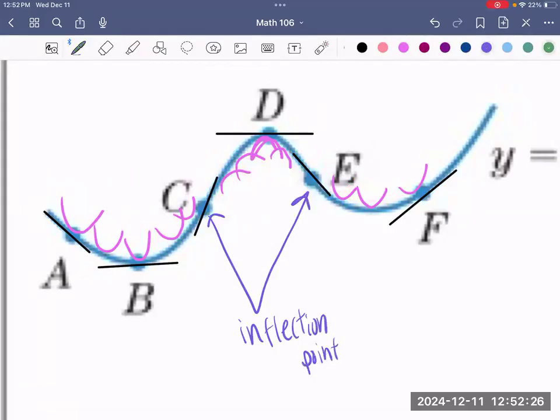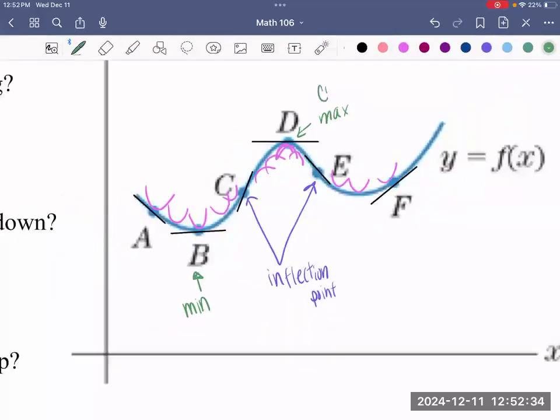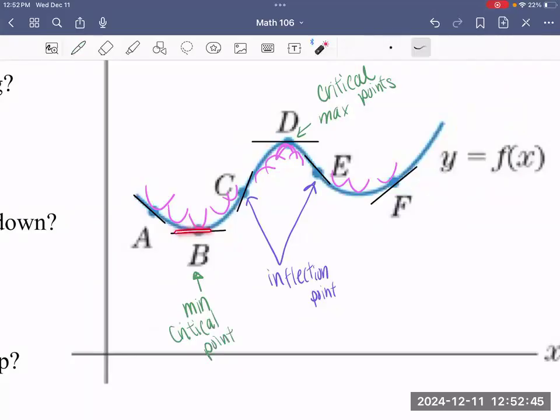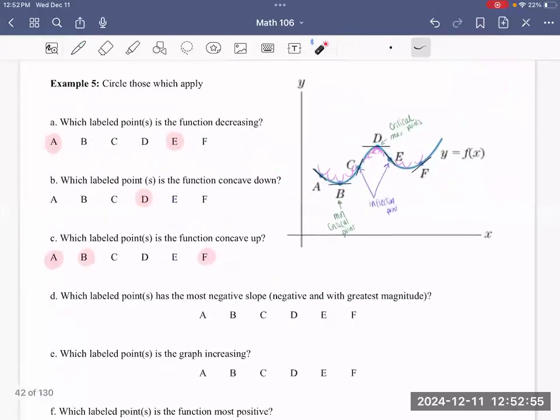What are those called? This one is your minimum, and this is your maximum. These are called your critical points. And notice that at your critical points, you have a tangent line that is nice and flat where your slope is equal to 0. And your tangent line of the other two are crossing your function.